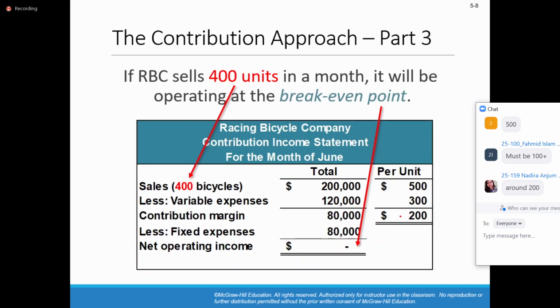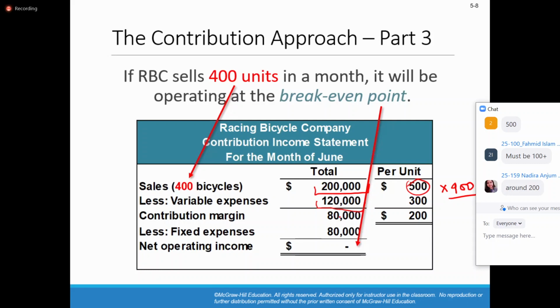So instead of 500 bicycles, if we change this number to 400 bicycles, remember the per unit selling price is 500. So if we multiply this number by 400 bicycles, we get the $200,000 sales volume. And we have these variable expenses, 120,000 for 400 bicycles.